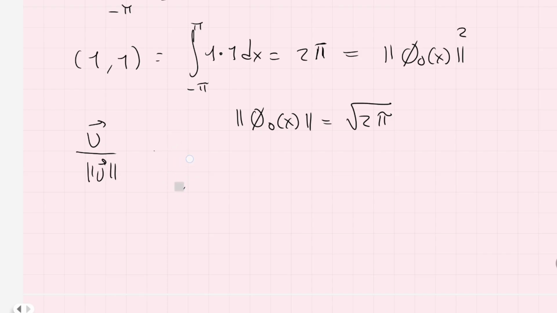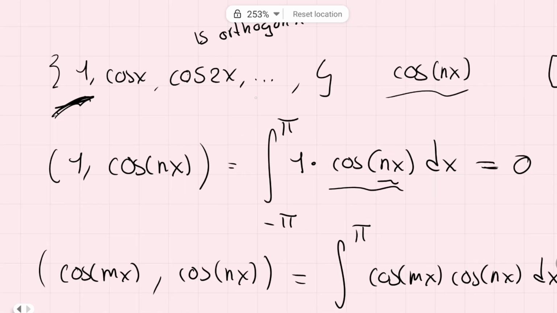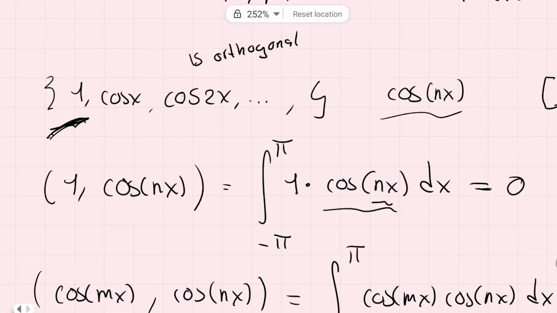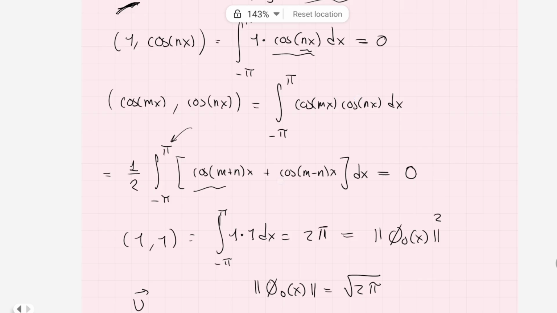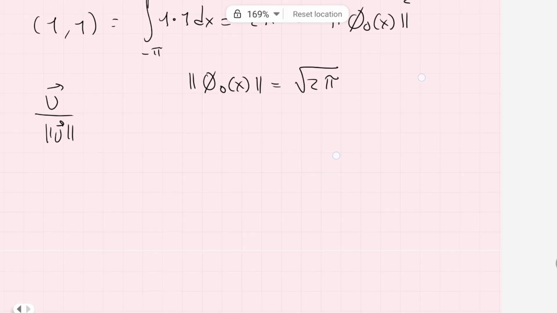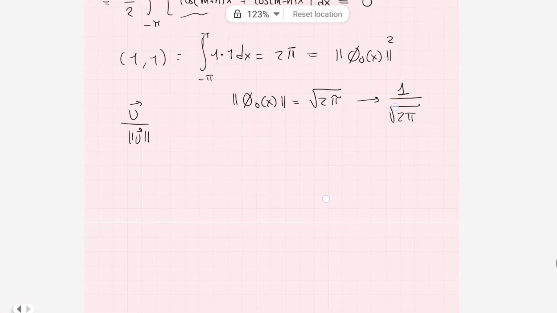In this case, we see that this set is not orthonormal. It is orthogonal but not orthonormal. But we can construct a new set from this that will be orthonormal. So the first element of that set will be 1 over the square root of 2 pi.